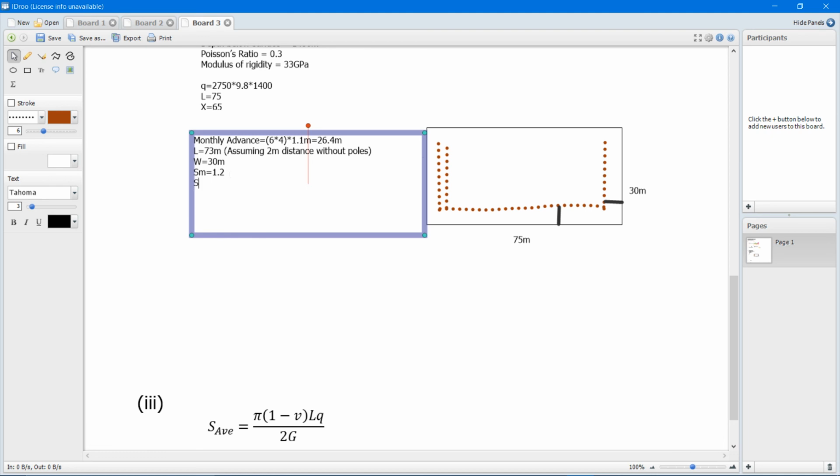Then our spacing between poles is equal to 1.5.